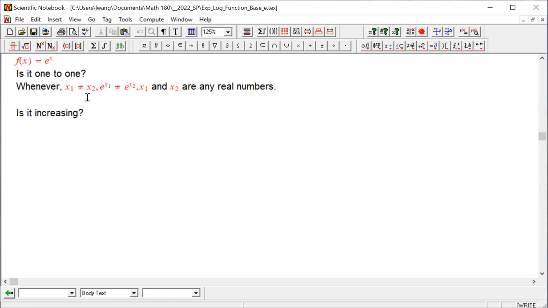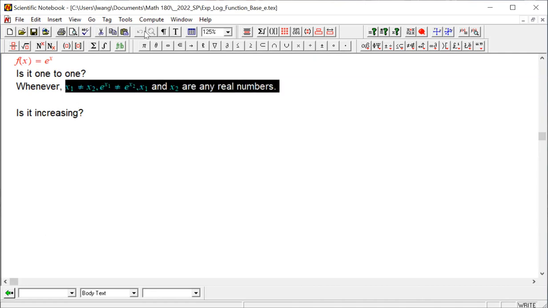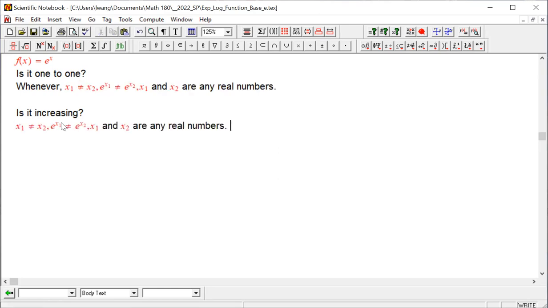Is this function increasing? So what's the definition of increasing? If one input is less than the other, is the output less than as well?